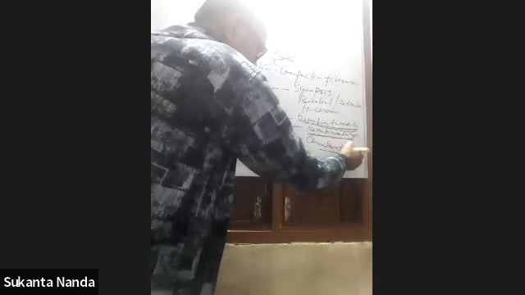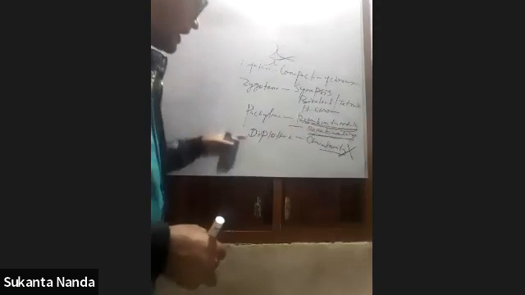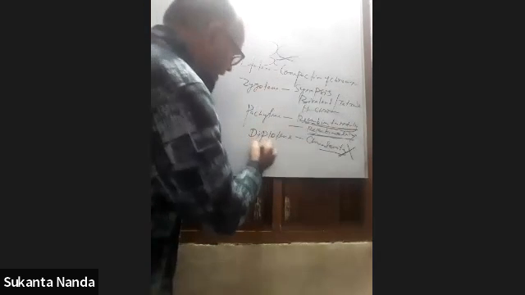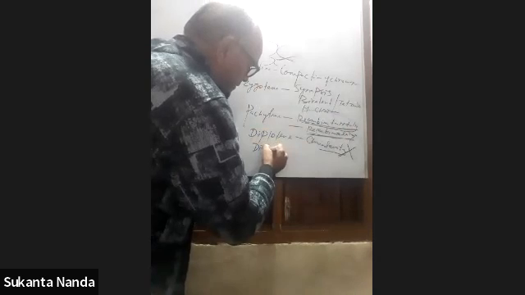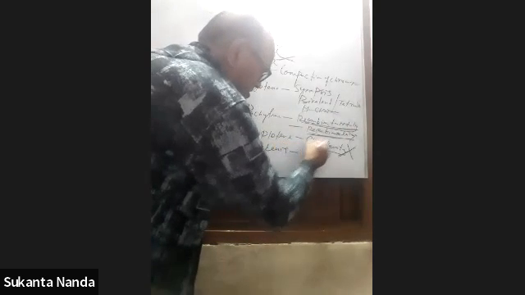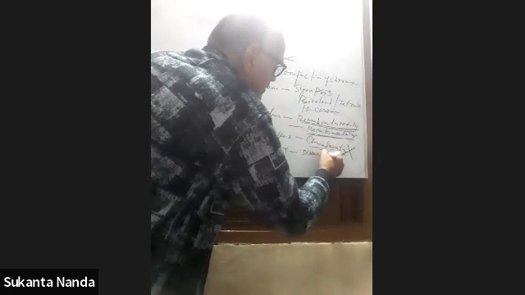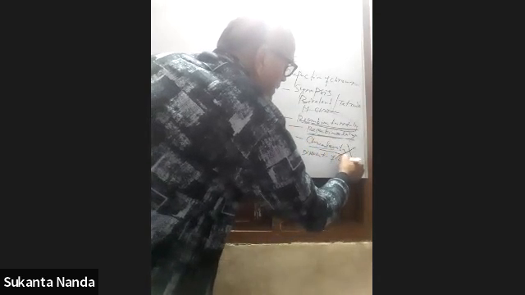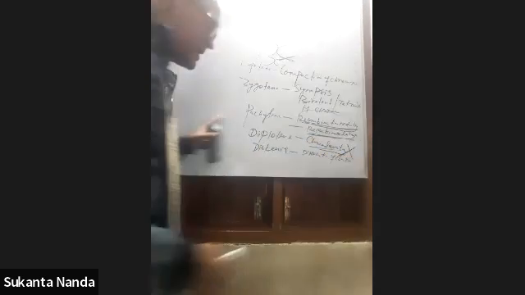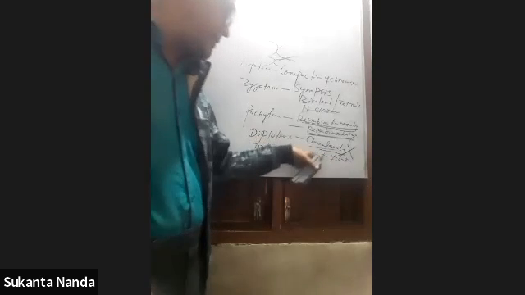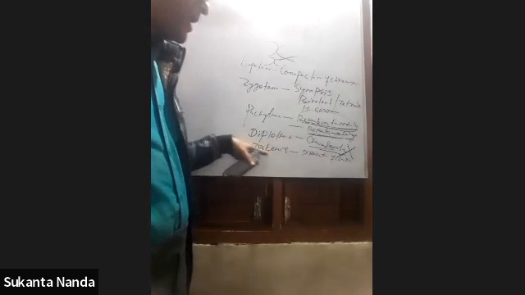So that is called chiasmata. In diplotene there is chiasmata, and in diakinesis there is dissolution of chiasmata.